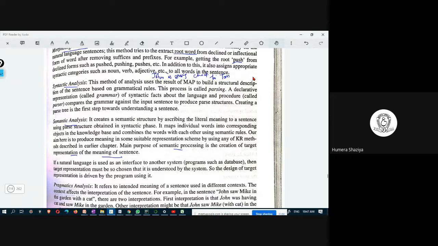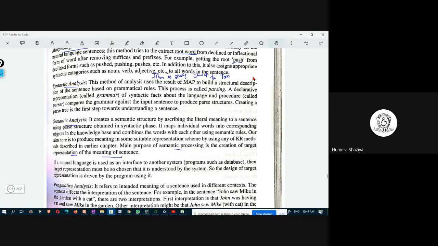But suppose now the parse tree has been generated properly, then the next task is to know what John is doing to Tom, by going through the meaning of every word.